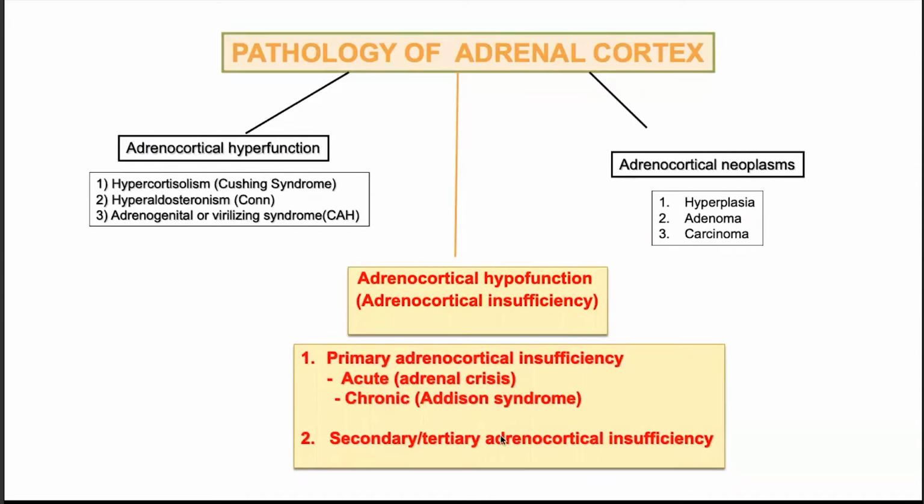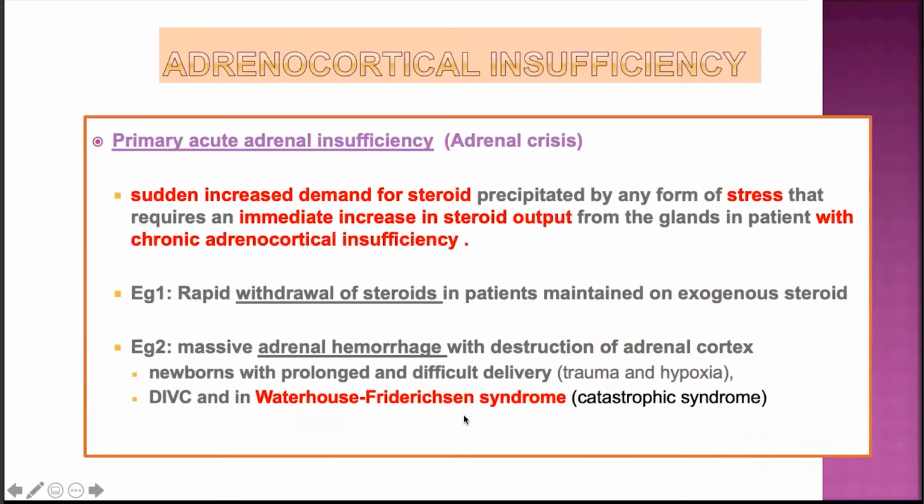So for this topic, you need a lot of further reading after this. What is adrenal crisis? What is Addison syndrome? We have many syndromes to cover here: Cushing syndrome and Conn syndrome, congenital adrenal hyperplasia, and now Addison syndrome, adrenal crisis. I just try to simplify it for you, but you need to read on your own.